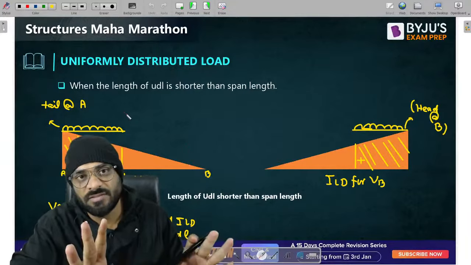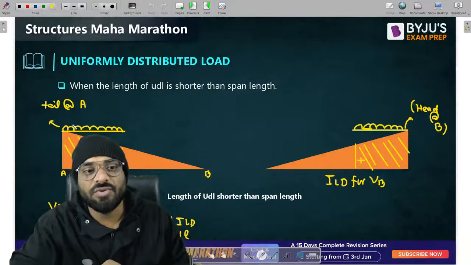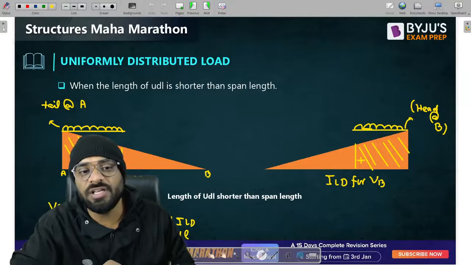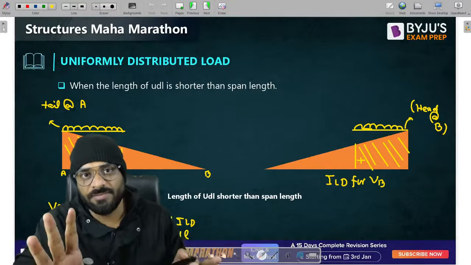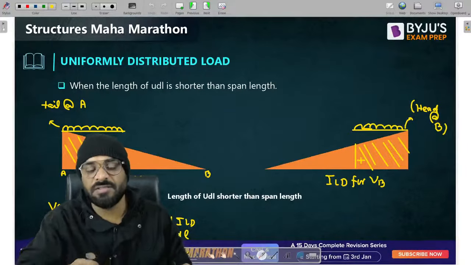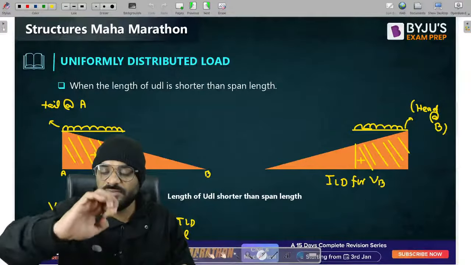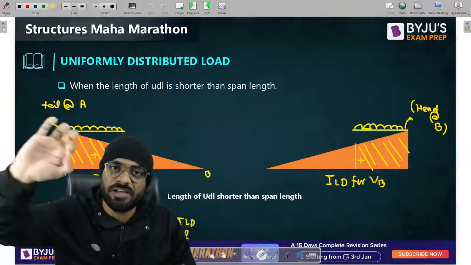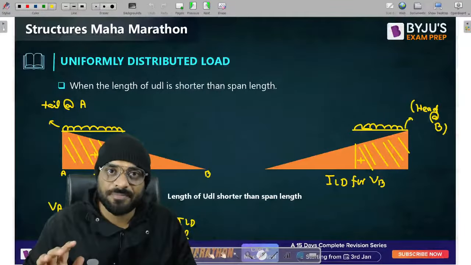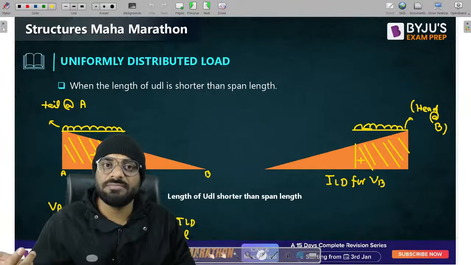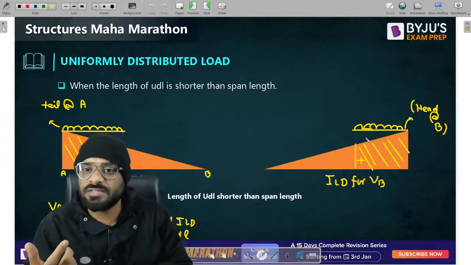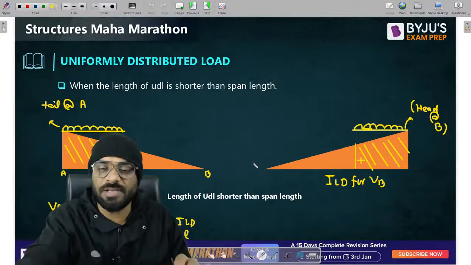Nothing else. Listen guys, you have to consider the complete UDL on the complete ILD. Getting a point? That means the UDL will cover the complete ILD area and multiply it, you will get your answer, right? In this case, the complete ILD is covered.